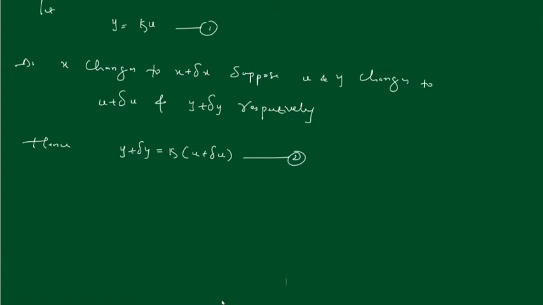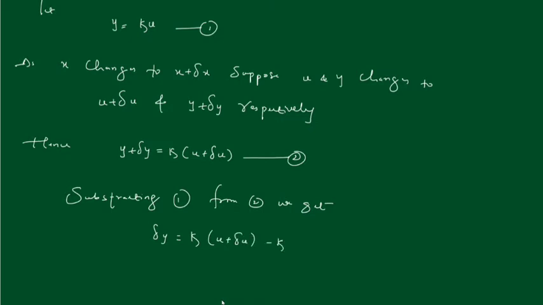So subtracting 1 from 2, we get delta y, which is equal to k into u plus delta u minus ku.